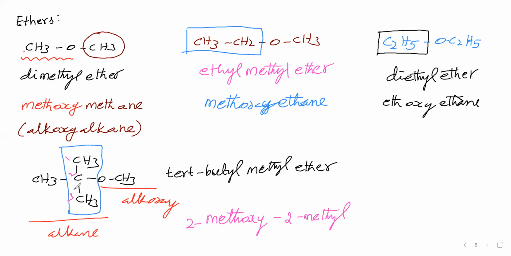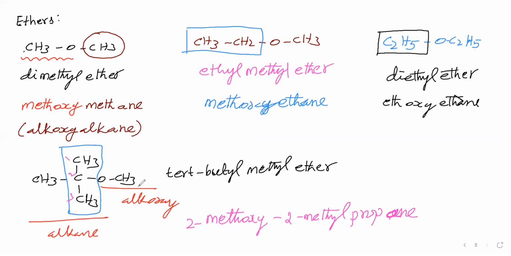This contains 3 carbon atoms, therefore the root word is prop, and the primary suffix is ane. Here see that you say the alkoxy part name first, then the parent branch. Here we are not following alphabetical order. You must say the alkoxy part first, then the alkane branch name.